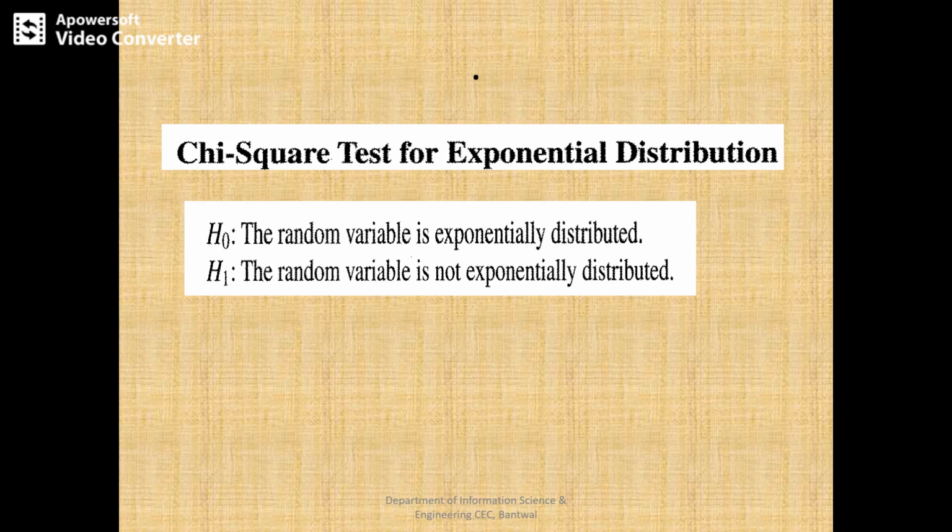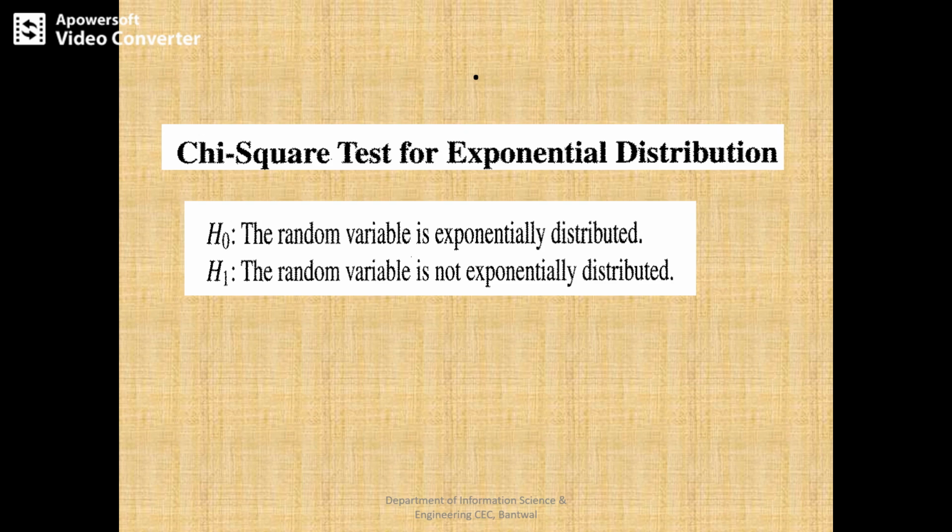We analyzed the histogram of the failure data previously, and it appears to be exponentially distributed. The suggested estimator is lambda cap equal to 1 upon x bar, and that value was 0.084.